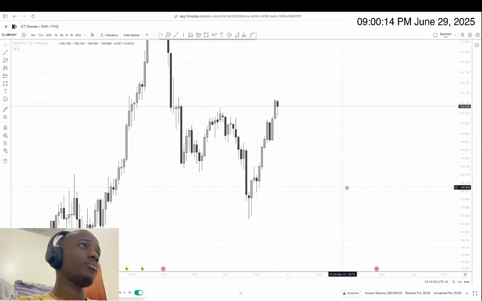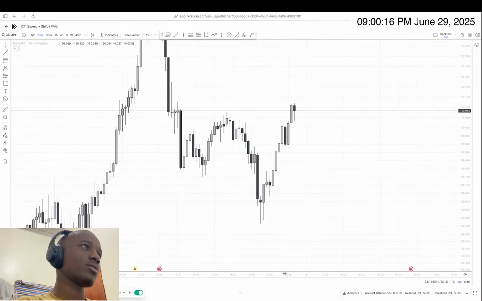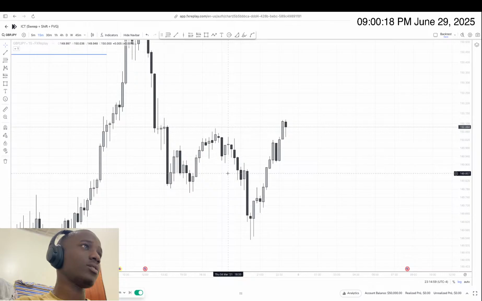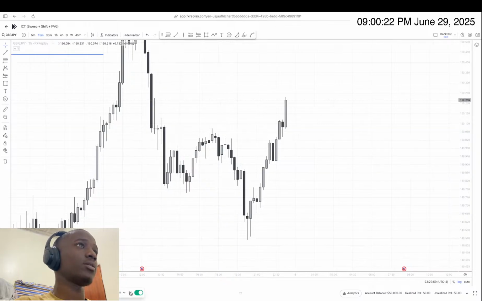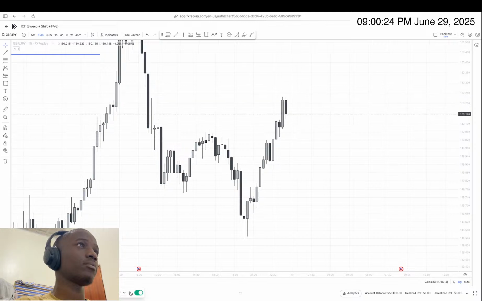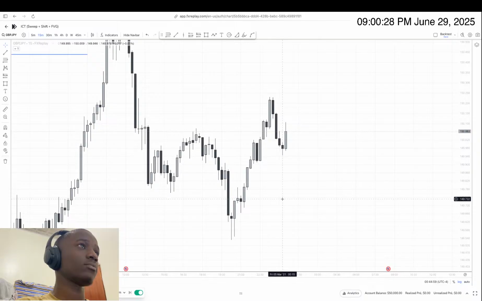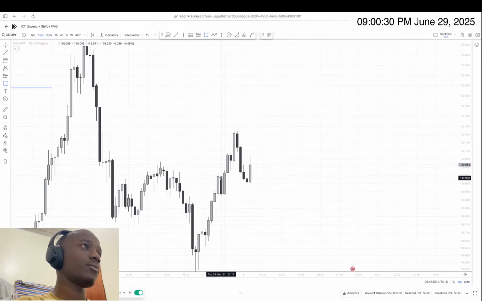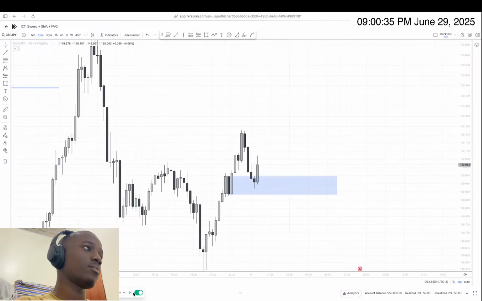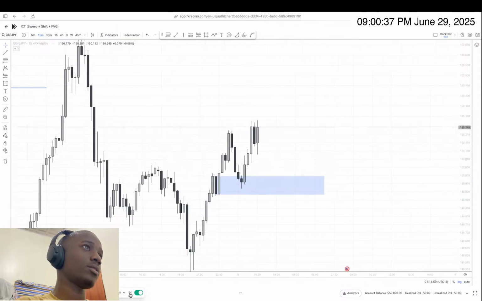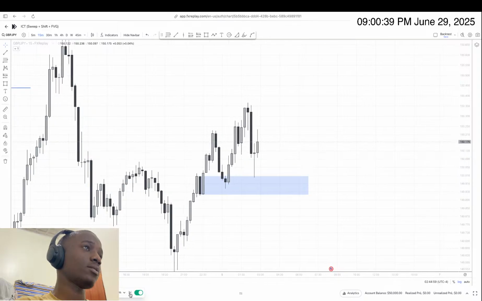Now on the 15-minute, what I'd like to be looking for is a clean full push to the upside. Alright, so you can see we're in a nice order block here, and I think we're going to reject the retracement into the gap.